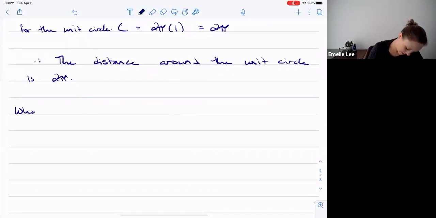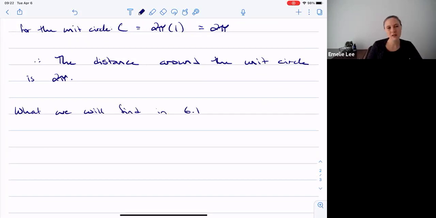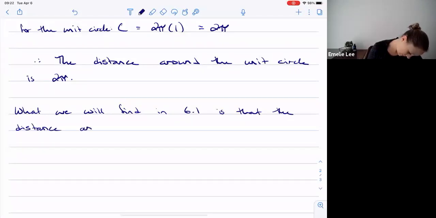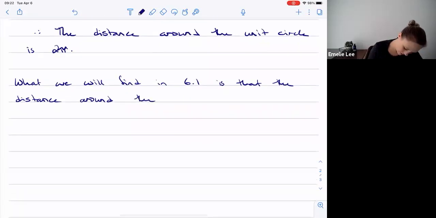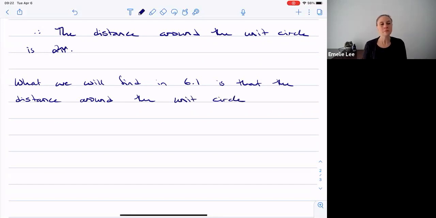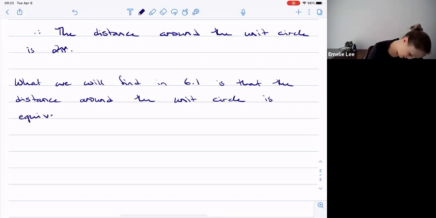So what we will find in 6.1 is that the distance around the circle, I guess I should say it works for any circle, but I'll say the unit circle, is equivalent to the angle.